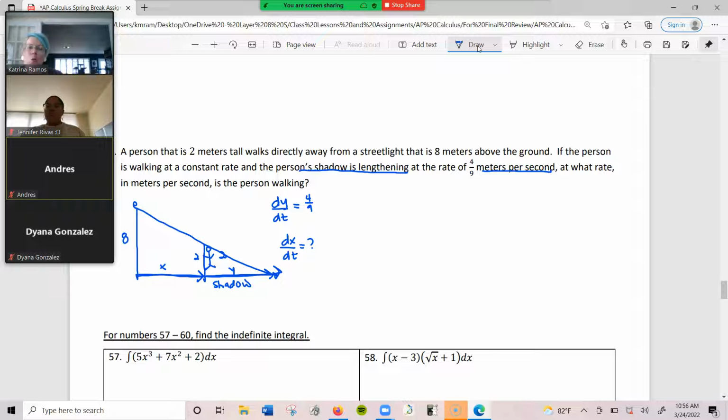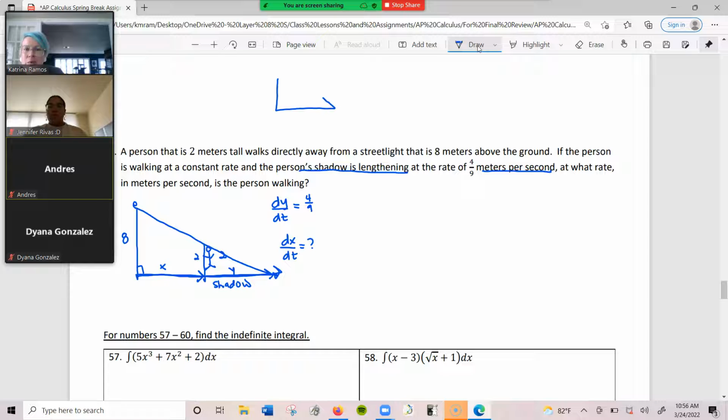Okay. When you have a triangle within a triangle and they are right triangles, which they are, these are similar triangles, meaning that their sides are going to be proportional to each other. So you can set it up however you want, small to big, big to small, as long as you're consistent. Let's say I do small to big, and you can draw them separately if it makes it easier.